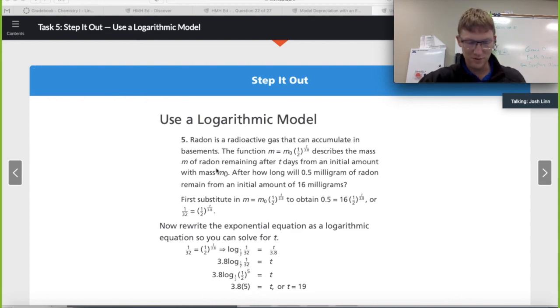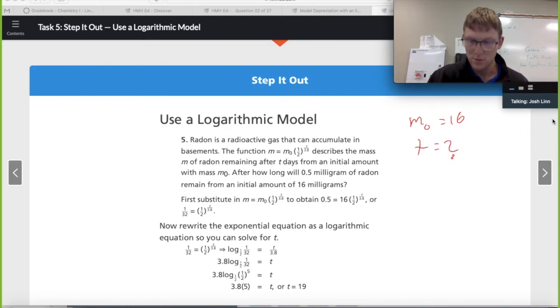Okay, so first things first, let's substitute everything in. It said the initial amount of 16, so the initial amount, m naught, is 16. And we want to figure out t. T is unknown. That brings me back to my physics days.